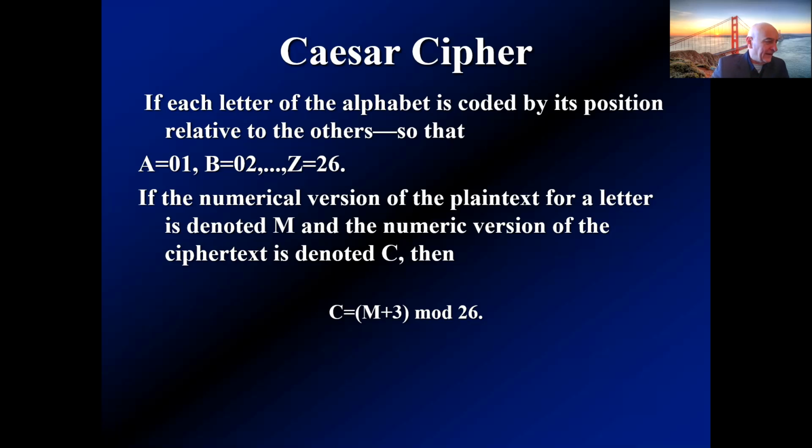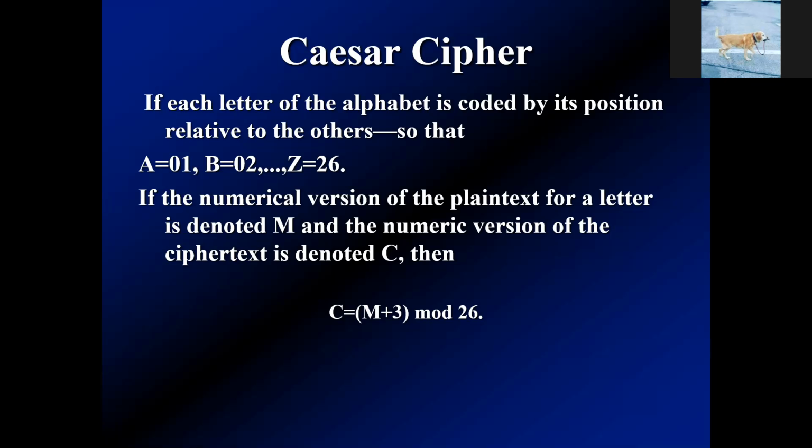Okay. And any idea, if we got the ciphertext, the cipher message, how can we decrypt this message? Can you give a formula, using modular arithmetic, to decrypt the message?